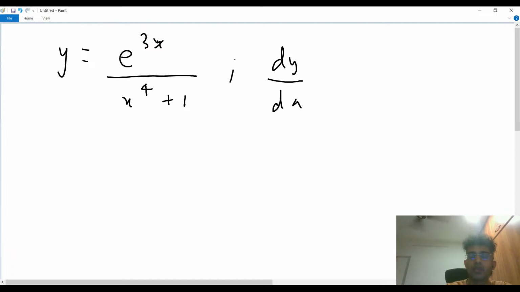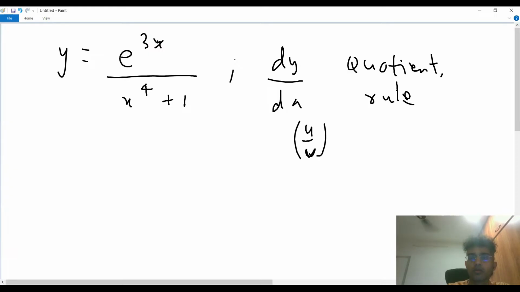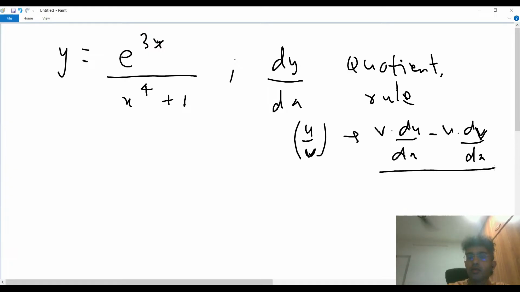You have to use the quotient rule, right? D by dx of u by v, which equals v into du by dx minus u into dv by dx divided by v squared. Okay.